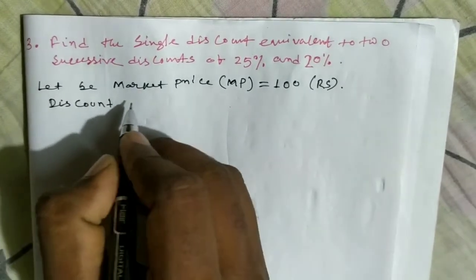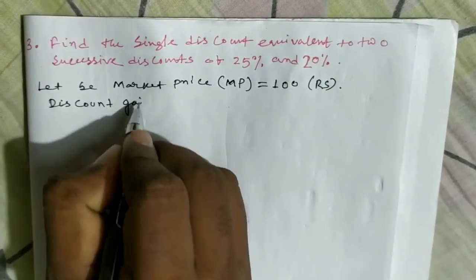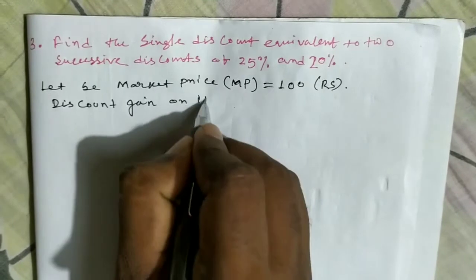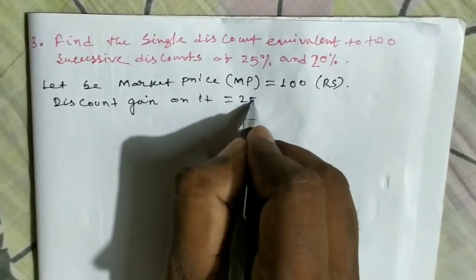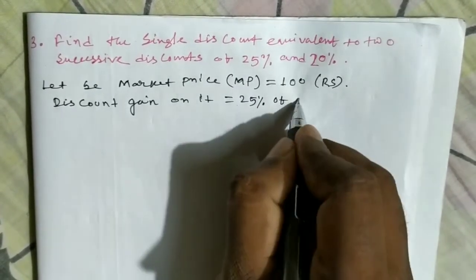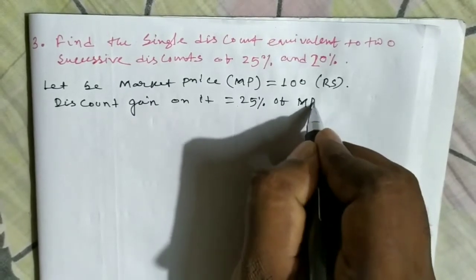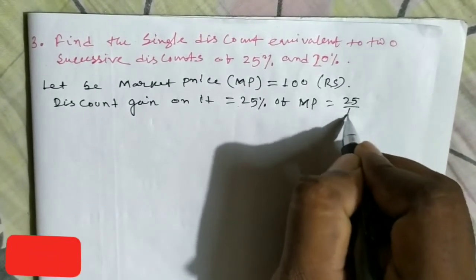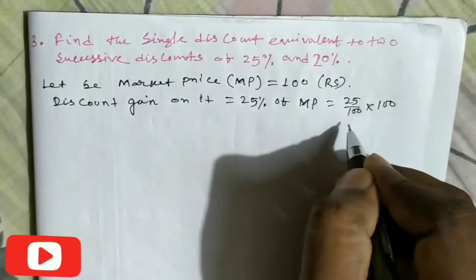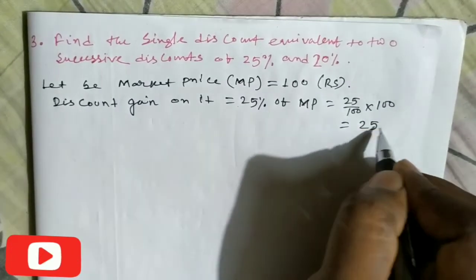Discount on it is equal to 25% of market price, which is equal to ₹25.